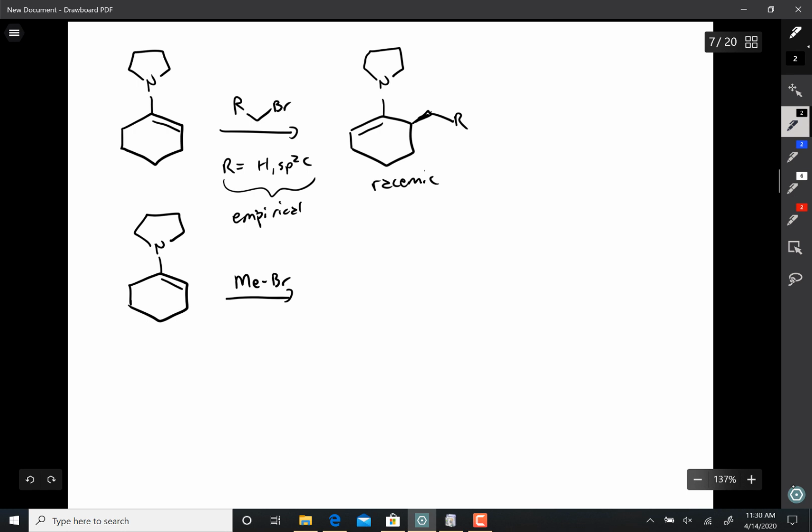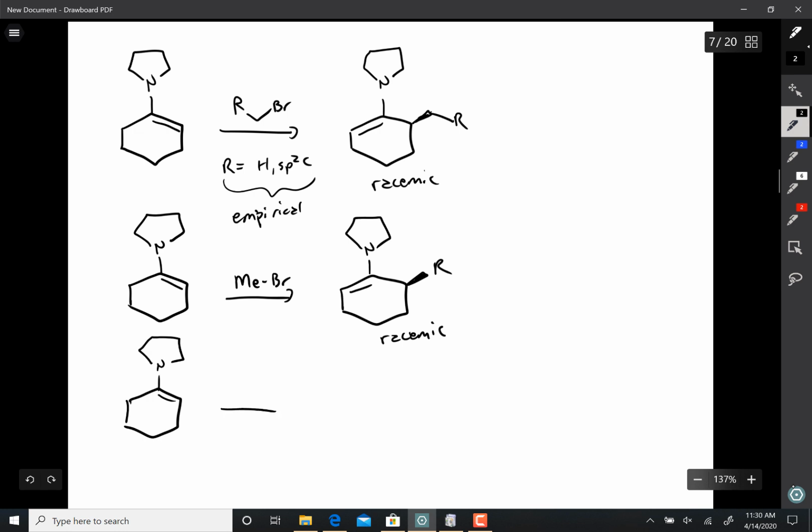Achieve this with methyl bromide or methyl iodide. Get that. Or say it's an sp2 carbon, like so.